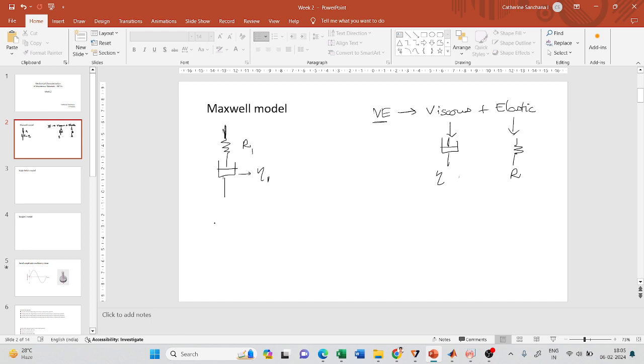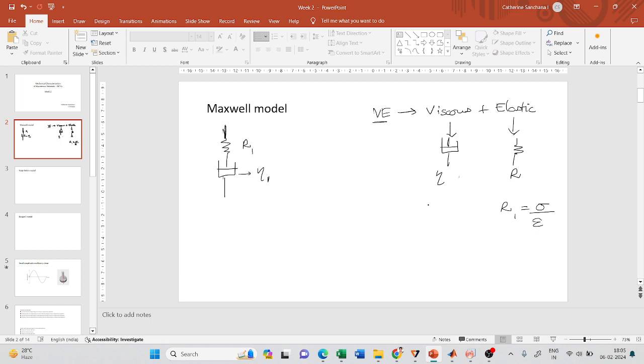So if you try to write the stress strain equation for a spring, you will write it as modulus equals sigma by epsilon, where sigma is the stress exerted on this spring and epsilon is the strain due to the deformation undergone by the spring.